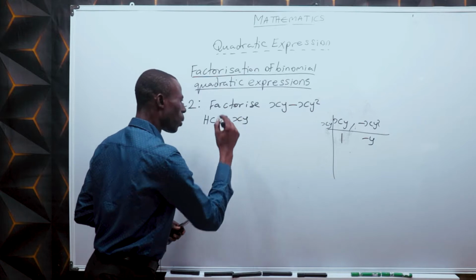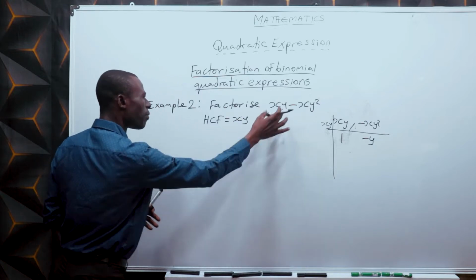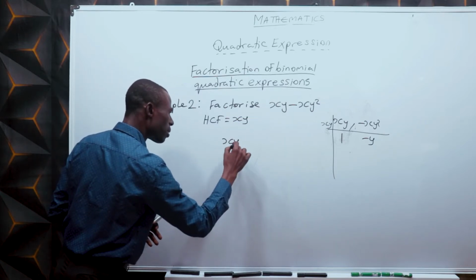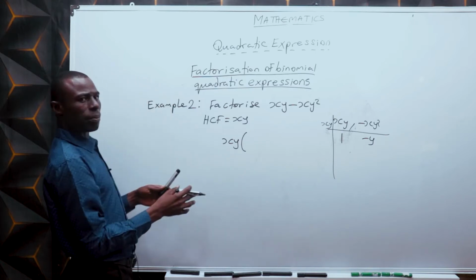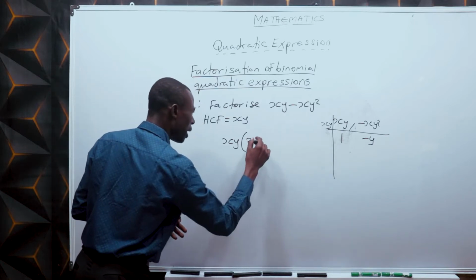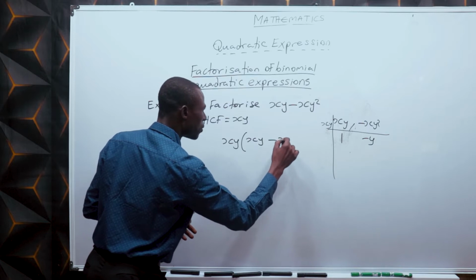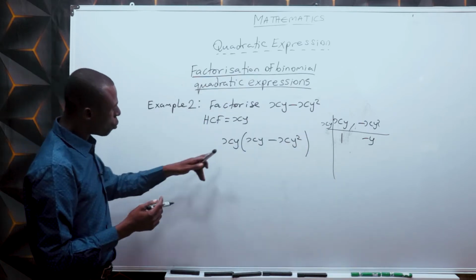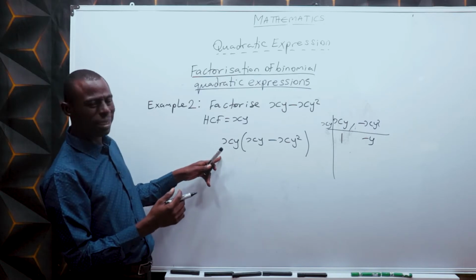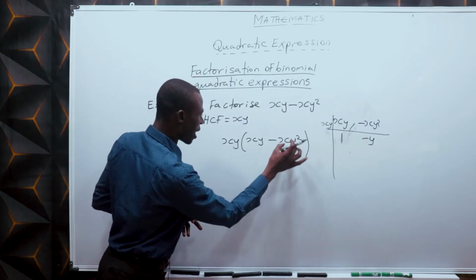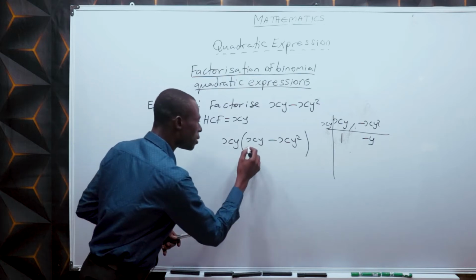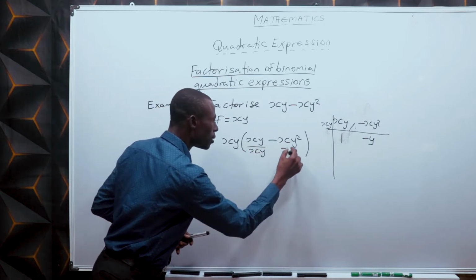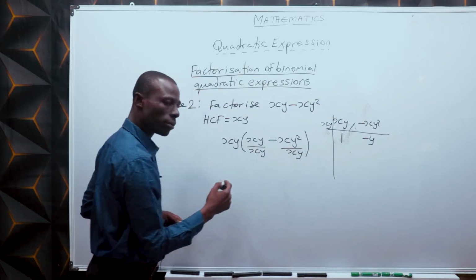Note it down, xy. Now bring that HCF outside a bracket, and inside the bracket put the expression xy negative xy square, bracket closed. Use the HCF you bring outside to divide each of the terms in the bracket, divided by xy, divided by xy.